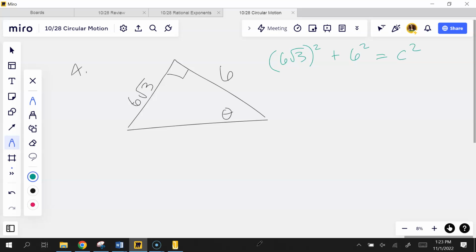What is 6 root 3 squared? 36 times 3, because I'm multiplying in here, right?